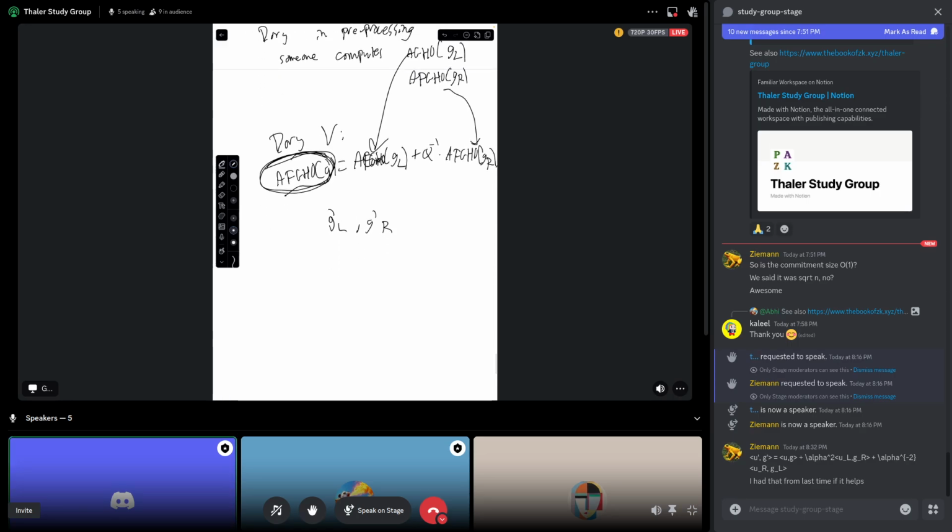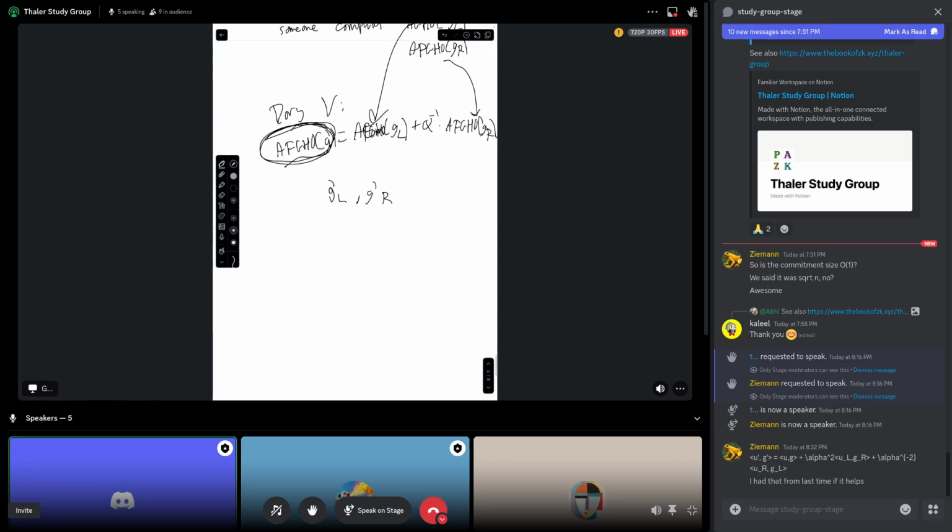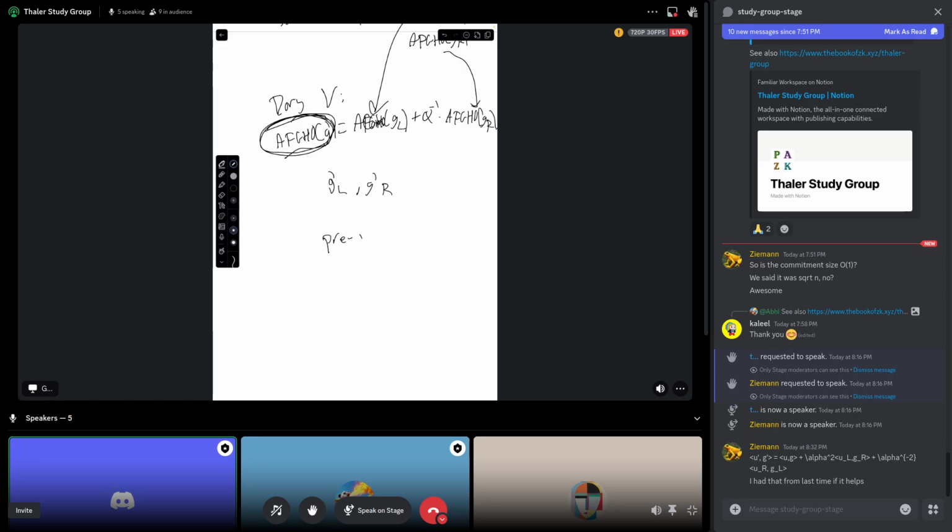Okay, and it turns out that if the prover had separately computed commitments, maybe I can tell you in full what the pre-processing phase of Dory is. So you have this original commitment key G of size n.